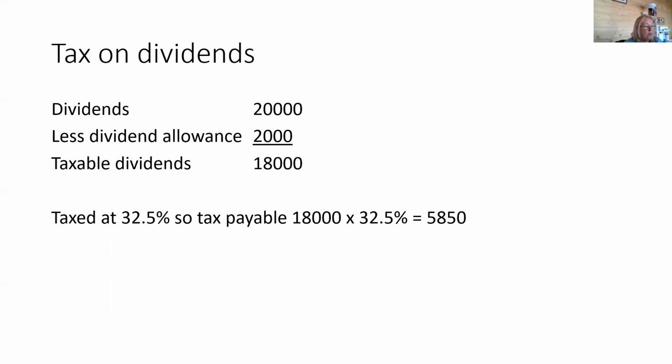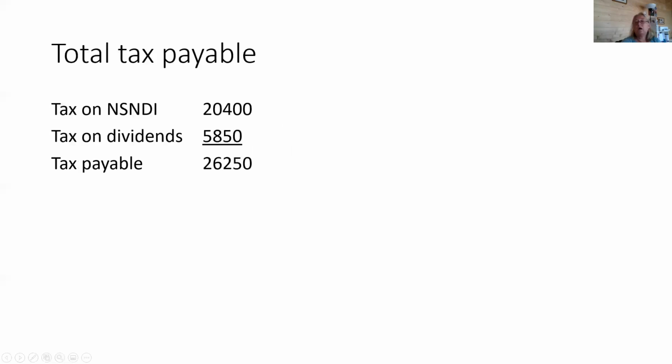So that means we're going to be taxing that at 32.5%. We're not yet up to 150,000, are we? So it all comes within that higher rate rather than that additional rate. So the tax on his dividends will be £5,850.